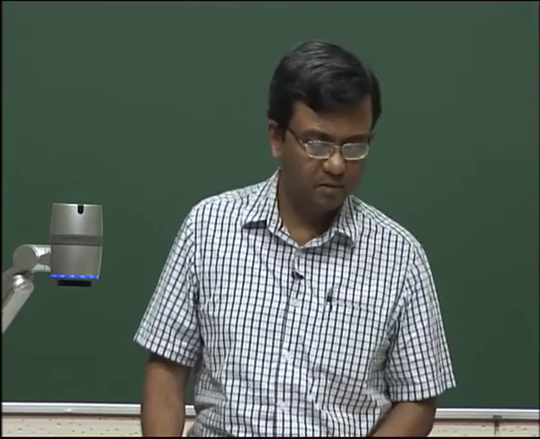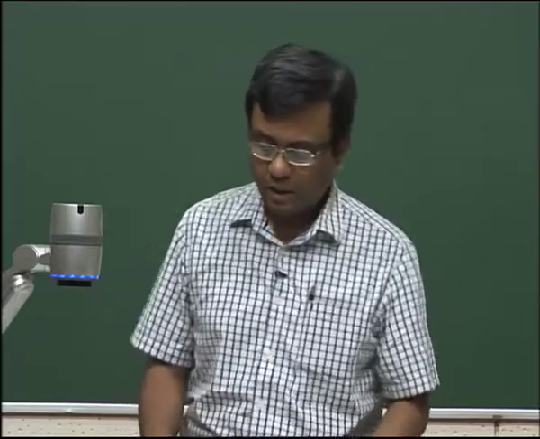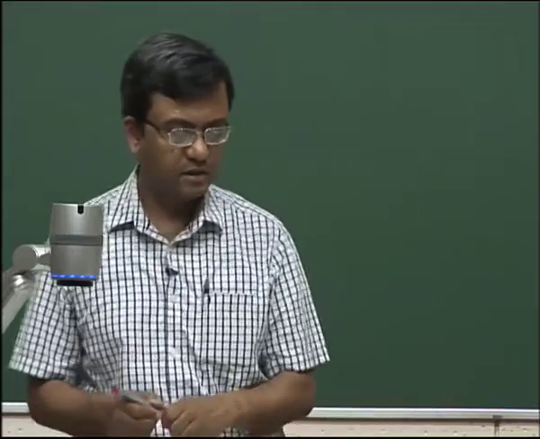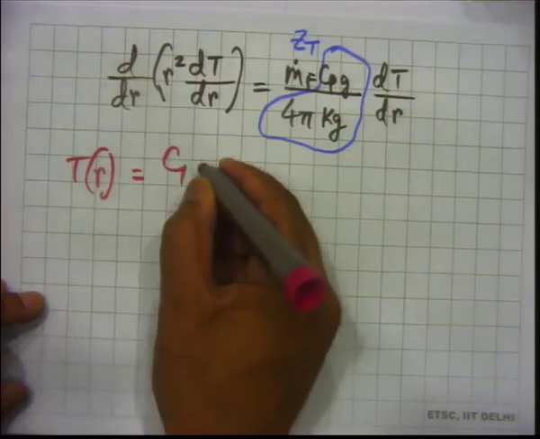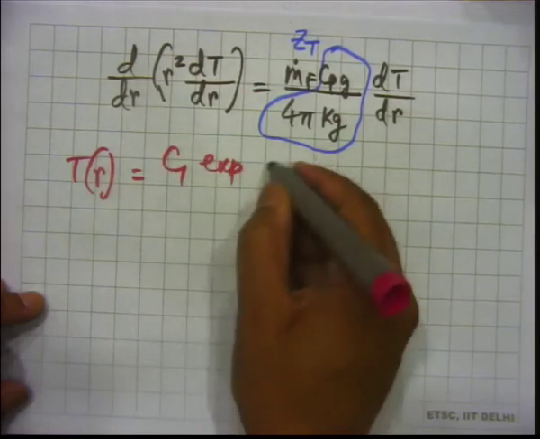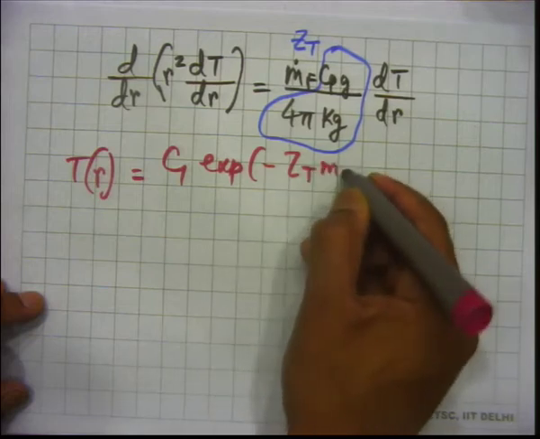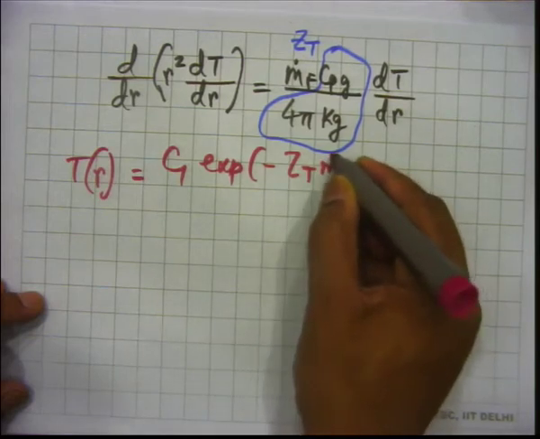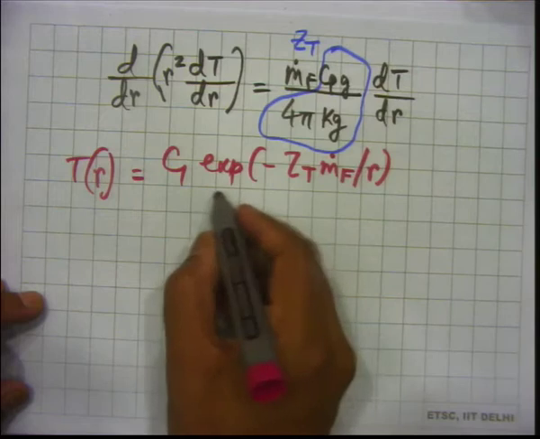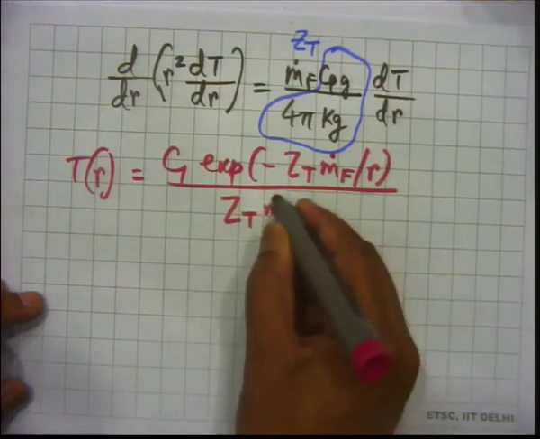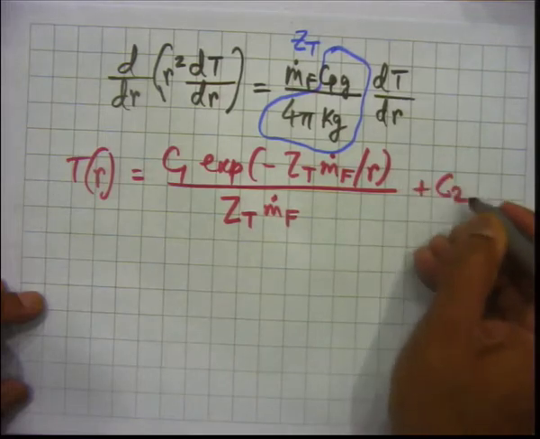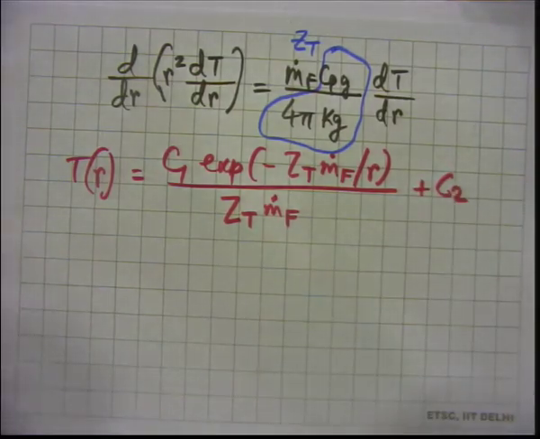So this can be used, and integrating this, we will obviously get T as a function of r. This is very easy stuff.